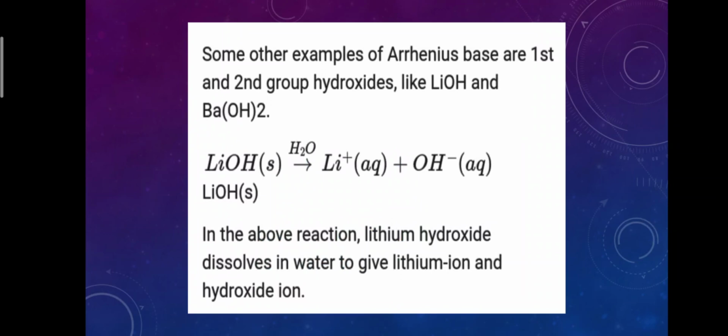Some other examples of Arrhenius base are first and second group hydroxides like LiOH, lithium hydroxide, and Ba(OH)2, barium hydroxide. When LiOH dissolves in water, it dissociates into lithium ion and hydroxide ion.